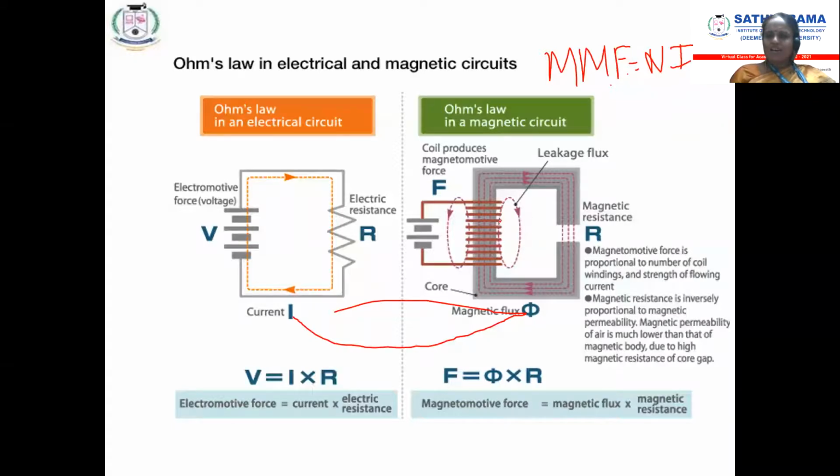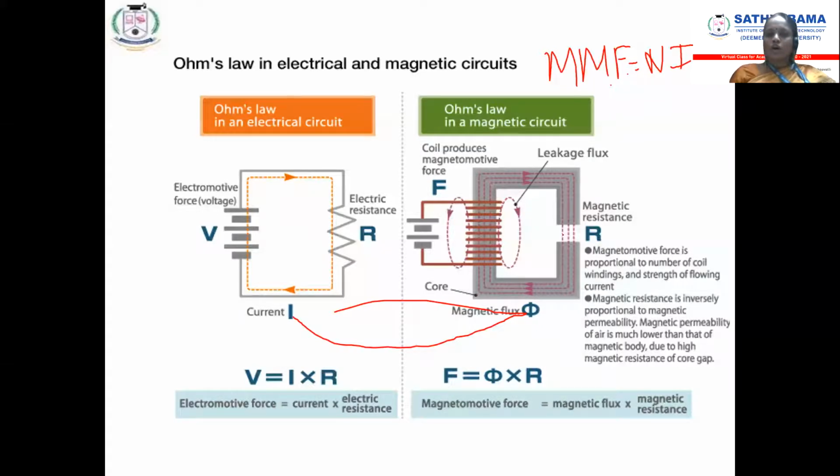We know current flows only around a closed path. Similarly, the flux also flows around a closed path, but some of the flux will be wasted. That flux is said to be leakage flux, but the flux which does the useful work is called useful flux.